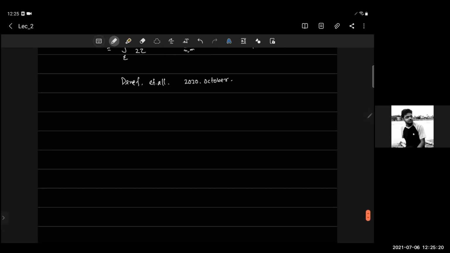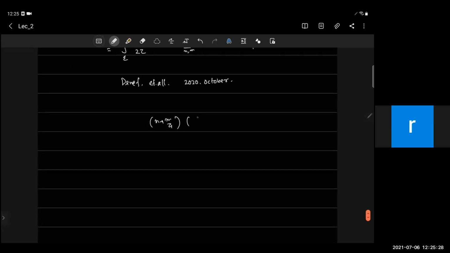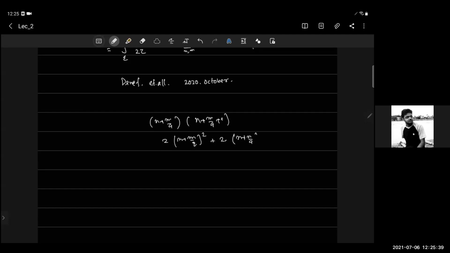So if you just complete the square: n plus m by q whole square plus n plus m by q, plus half whole square minus half whole square, correct? Yeah. So therefore, there is a half, correct? There is a half. Thanks.